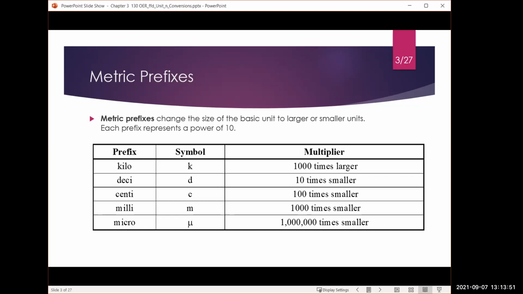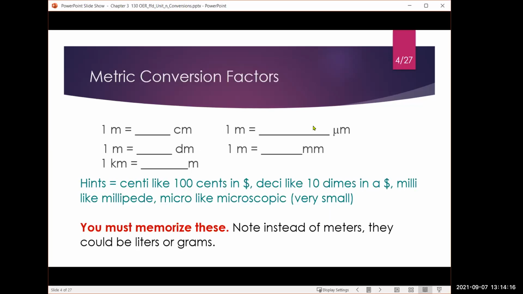there are 1,000 millimeters. Now I'm using meters, but you can just take out the meters and put in liters and grams. Okay. And then micro is the mu symbol, which looks like it has a little lip up front. That is 1,000,000 times smaller. So therefore, in 1 meter, there are 1,000,000 micrometers. Okay, so in 1 meter, there are 100 centimeters, 10 decimeters.